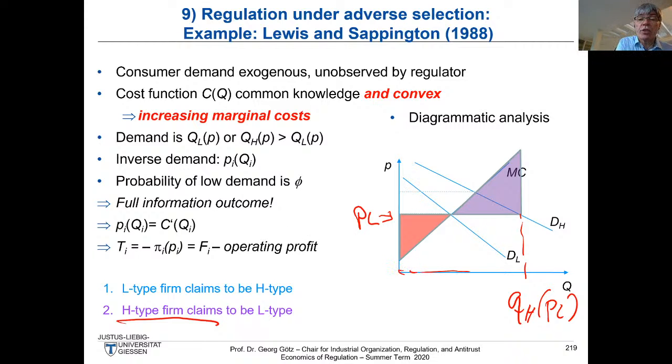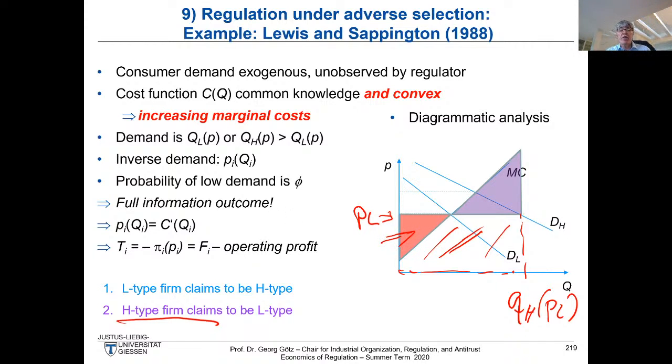Again, I could draw here our revenue. And you see clearly that in this situation, where the price is below marginal cost, this purple area would be just a loss to the firm.